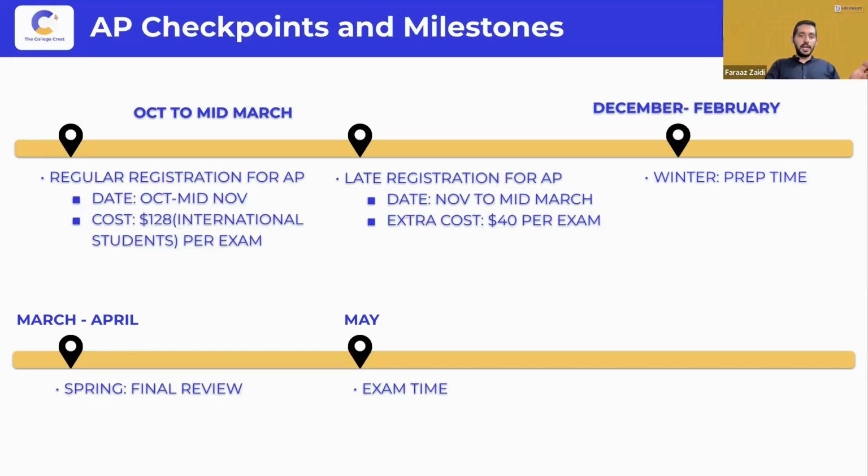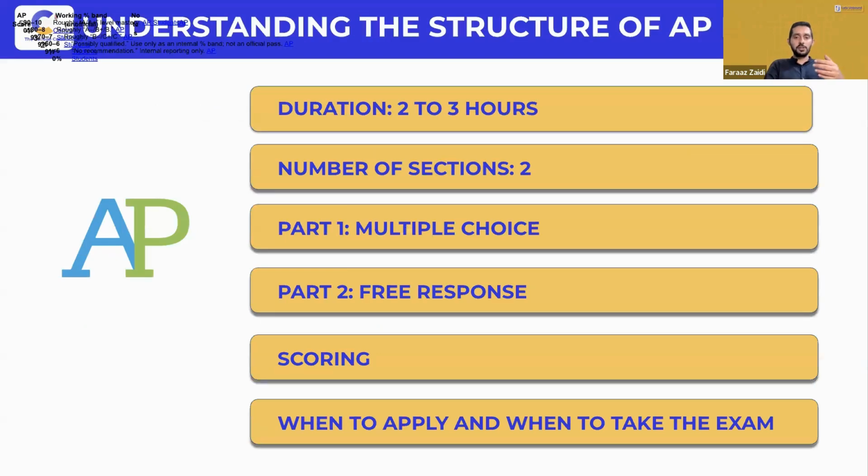If you're delaying this, you may have to travel longer distances just to get to an AP center that would be offering the AP that you're interested in. So, apart from the fact of late registration, occupancy within your different test centers also fills up very fast. So these are your most important dates while you'll be looking at your AP aspect.